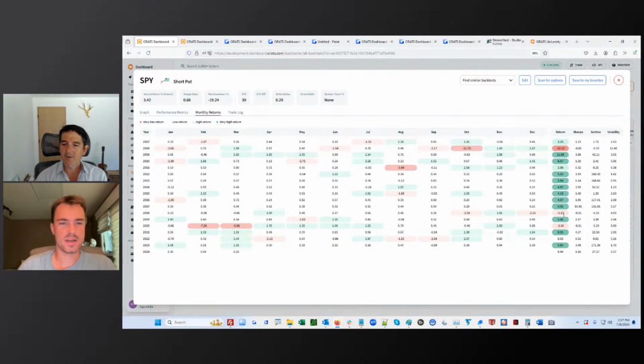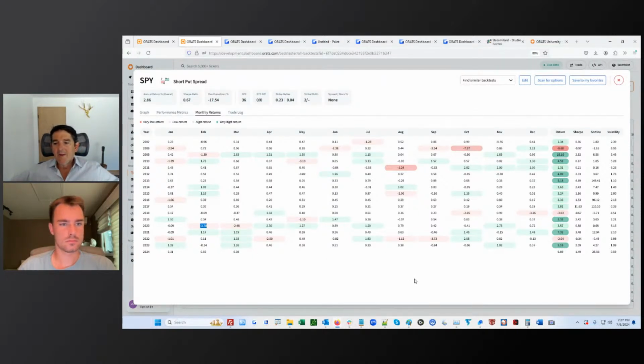Yeah, I mean, the short put definitely looked like it had some worse months than the spread. Okay. So if you just look at months, it's 11.75 and the 7.20. And then if you look at the short put spread, 7.5 and 3.78. So that's quite a bit less.